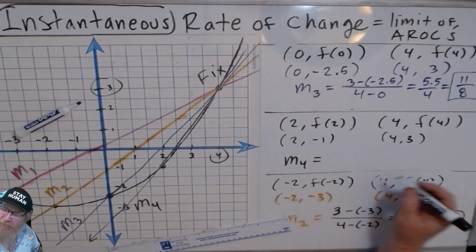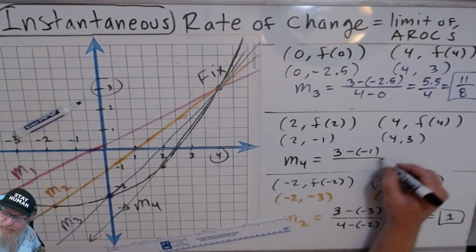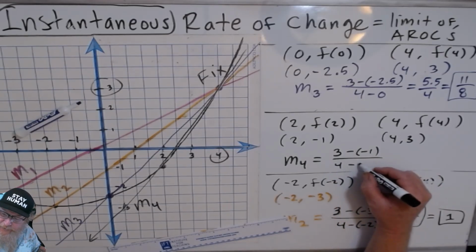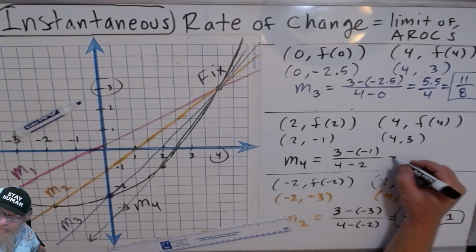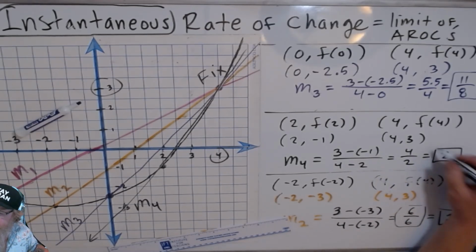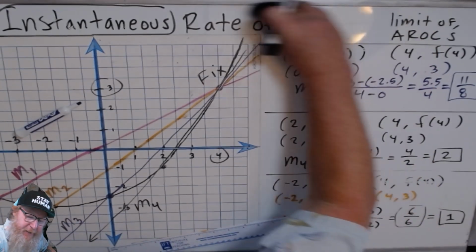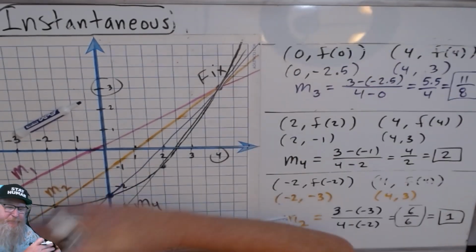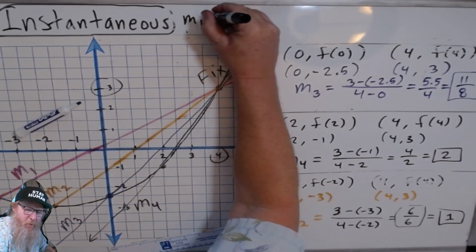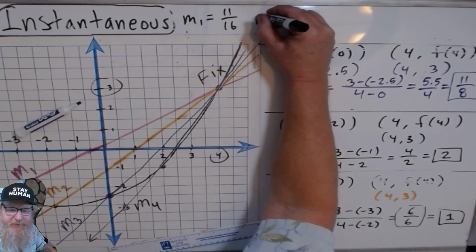So we got M4 is 3 minus -1 over 4 minus 2, which is 4 halves, which is 2. So you see what's happening: our M1 was 11/16.